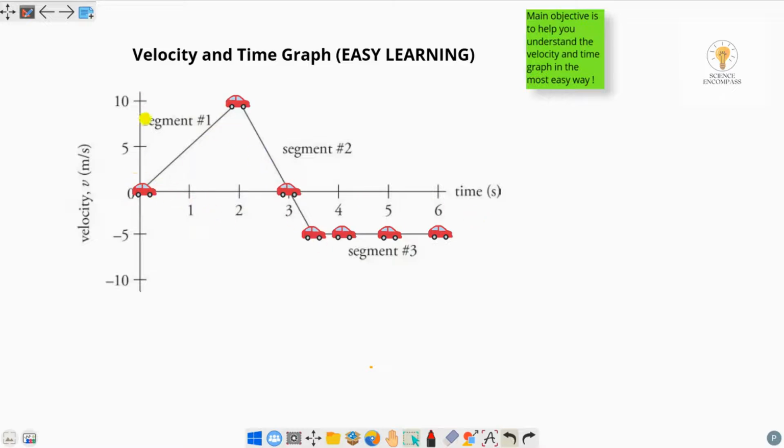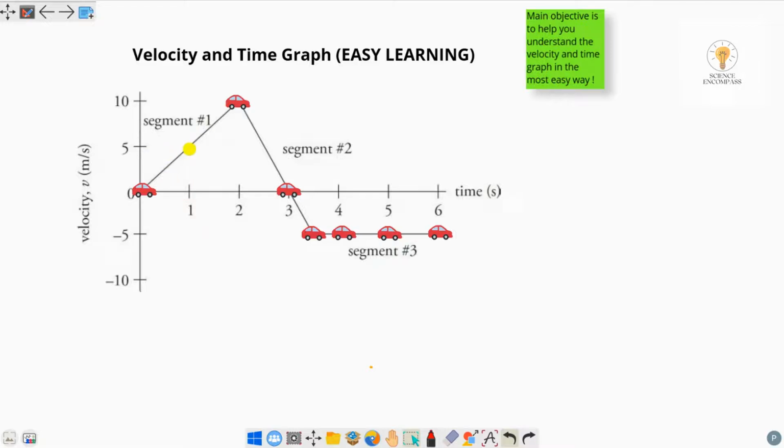We have the numbers over here and over here. So let's just begin from 0. As the car moves, it gains speed. So at time 1 second, the car is moving at 5 meters per second. So from 0 to 1, the car has reached 5 meters per second.